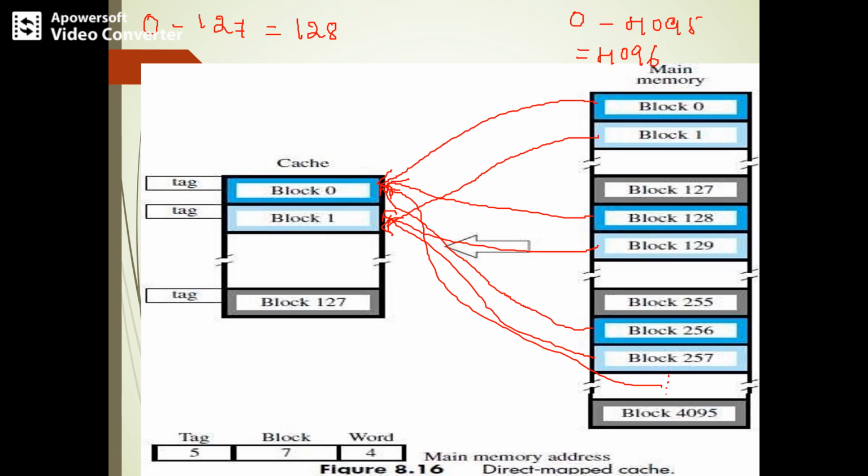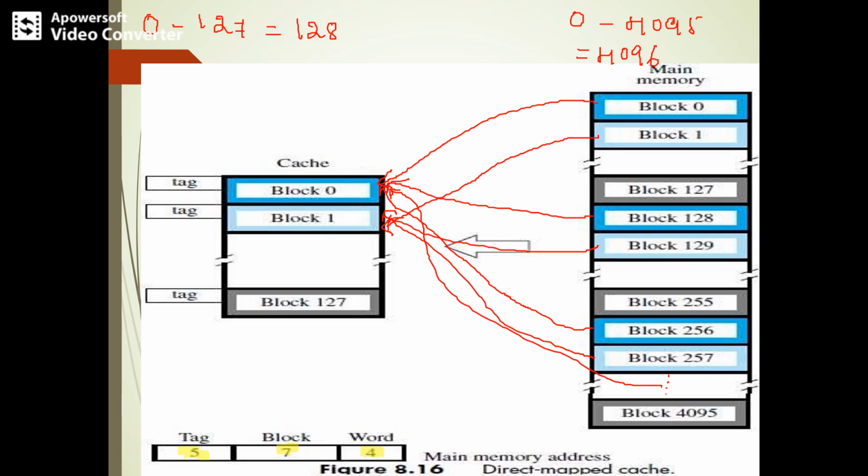So here we have the tag bits, that means 5 tag bits, 7 bits of block address and 4 bits of word information.